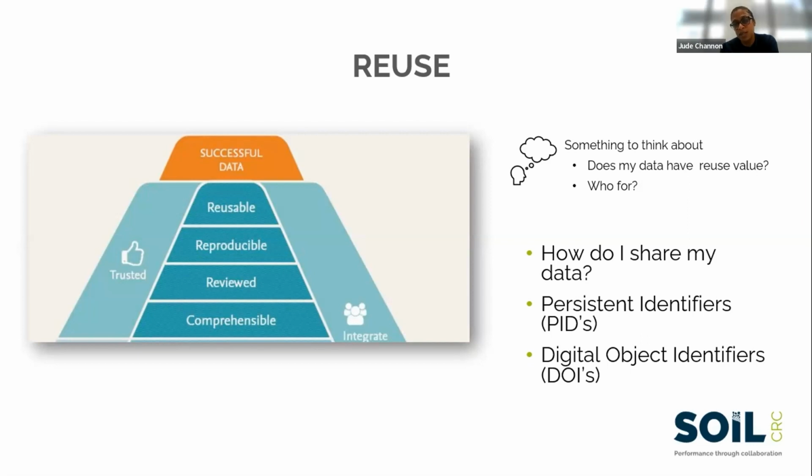So you'd need a digital object identifier, or DOI as we call it. Those are identifiers assigned to a particular data set, and they stay with that data set regardless of where it goes, so that it can be found easily within a digital context. It also means that it can be correctly attributed and cited.